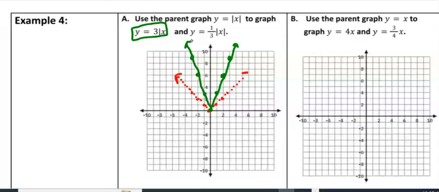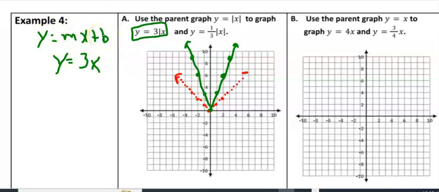Anybody see it at all? What if I wrote it like this? Isn't that a line? Slope of 3, y-intercept is 0. How many remember y equals mx plus b?